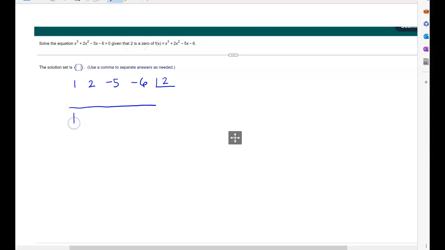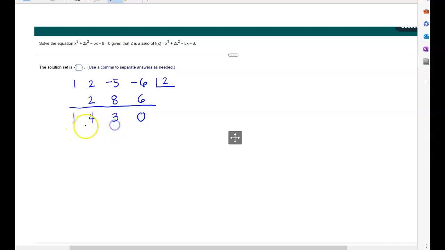So you bring down 1, you multiply that by 2, so you have 2, and then you add, so you get 4, and then the answer here will be multiplied by 2, you get 8, and then you add. So negative 5 plus 8 is 3, times 2 is 6, so as expected, you get the 0.